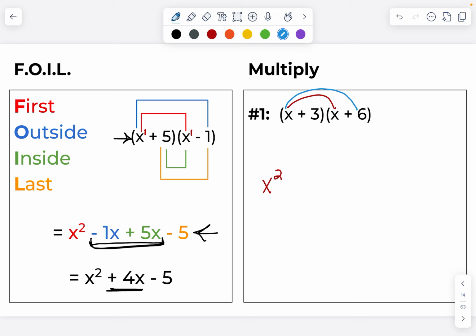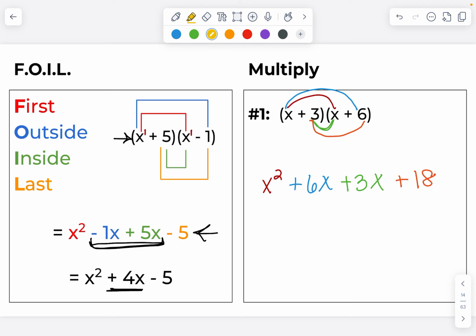So x times 6 is going to give me a positive 6x. Then I look at my two terms on the inside. So it's 3 times x, so I get a positive 3x. And then I take my last times my last. So a positive 3 times a positive 6 is going to give me a positive 18.